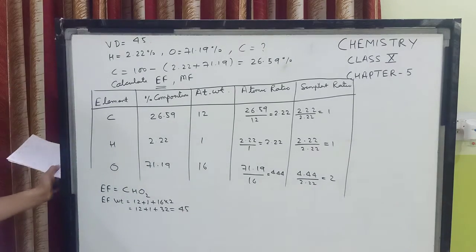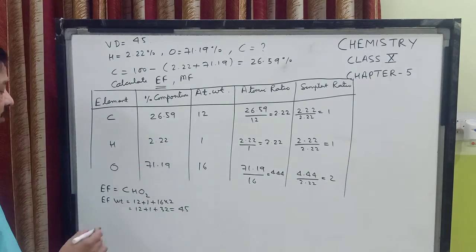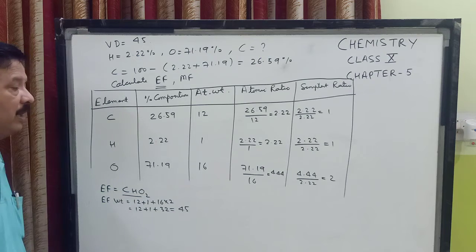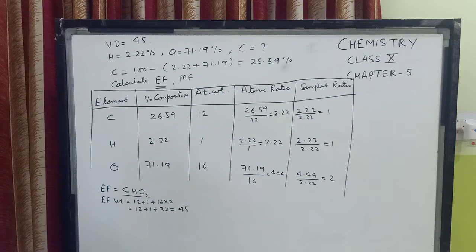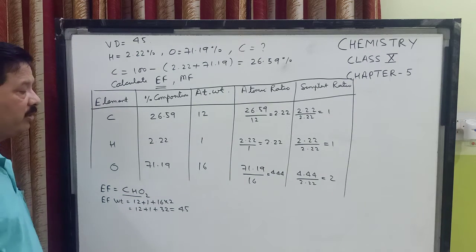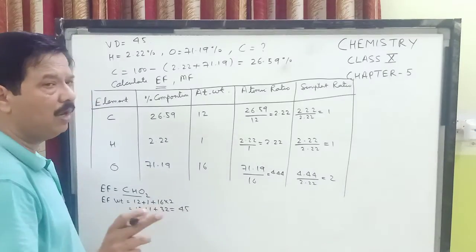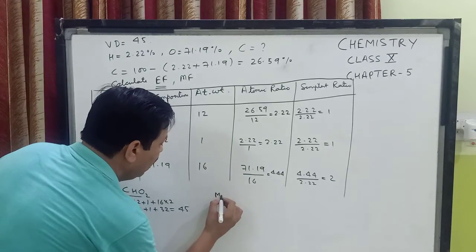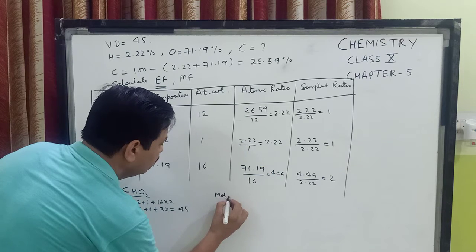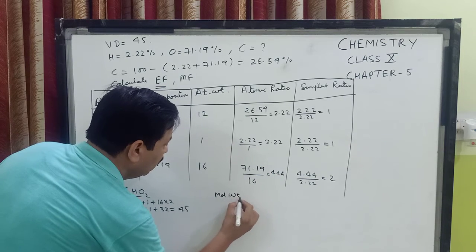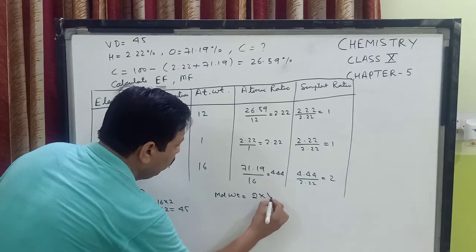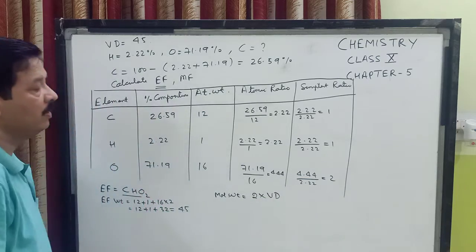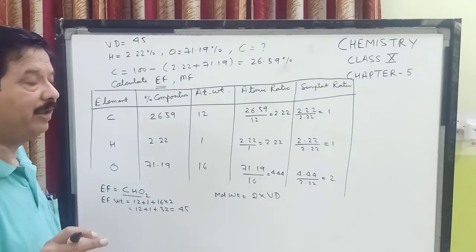So children, we have calculated the empirical formula which was asked. This was one answer, and now it is asking us to find the molecular formula. Now children, we also know that molecular weight is equal to twice the vapor density. This we have done in relative vapor density.